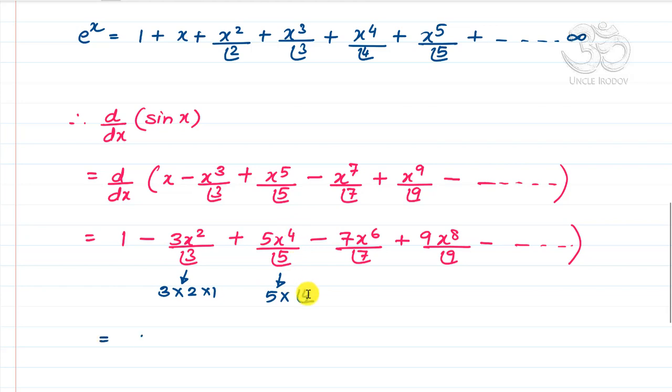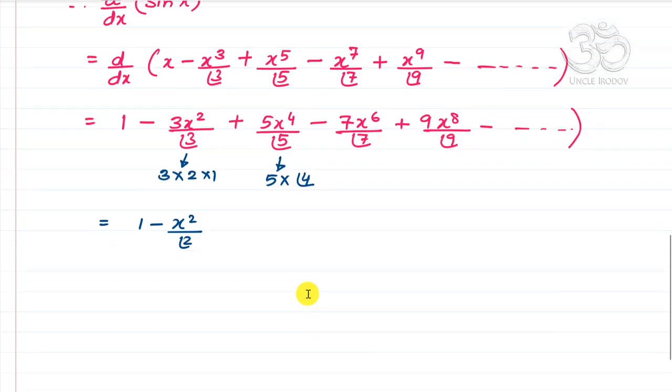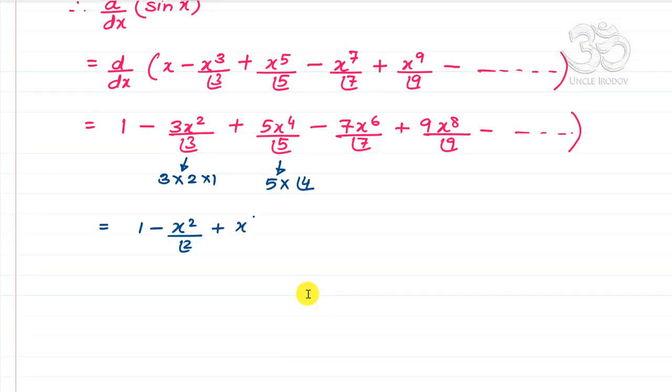So you get 1 minus x square by factorial 2 plus x power 4 by factorial 4 minus x power 6 by factorial 6 plus, so now I think you've got a hang of it. So that is cos x, right?